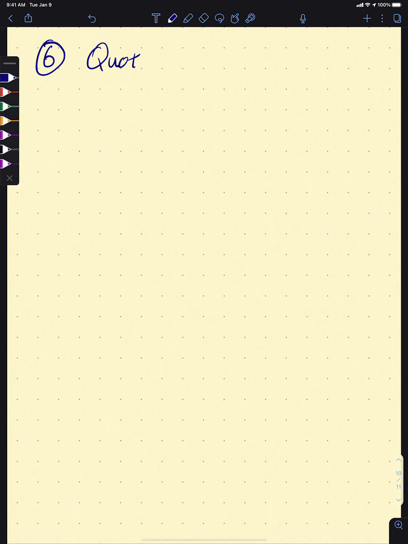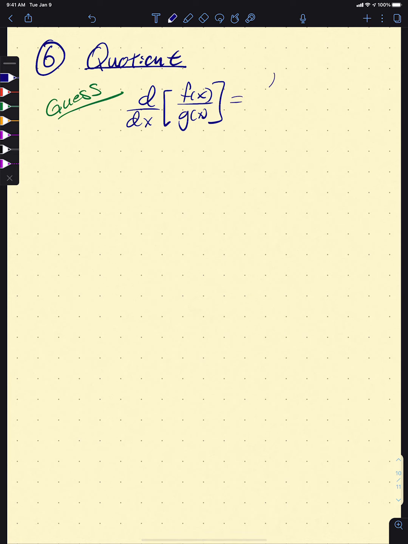I guess I should say that we're talking about the quotient, okay? Once again, here's our guess, right? Is that d dx of f of x over g of x would be f prime of x over g prime of x, right? This would be so nice. It would be so nice if this were true.